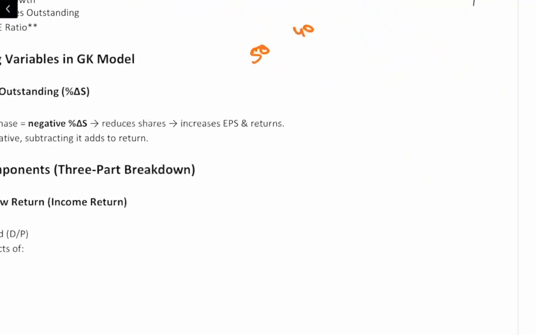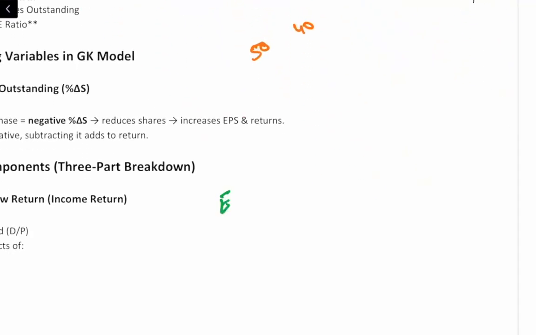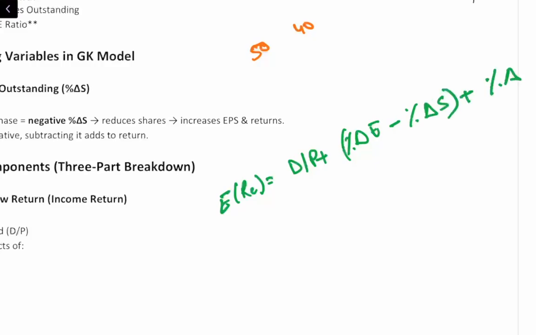Clear? So I am redefining and writing this formula again. Dividend yield plus change in earning, in percentage, minus change in stock plus change in price by earning ratio.